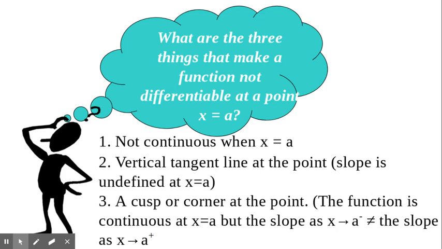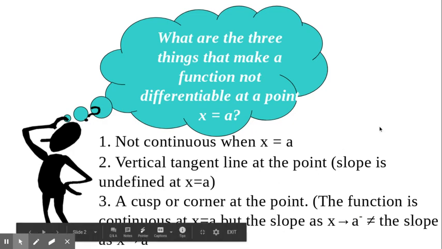So when you have a function meeting at a value at two different slopes, it forms what we call a corner or a cusp. And there's no real difference between what you call a corner or a cusp. A corner is usually when two linear functions are meeting, and a cusp is usually when two curved functions are meeting. But again, it doesn't technically matter which one we say, because we wouldn't really use either in an explanation.